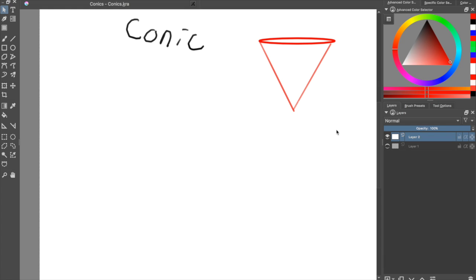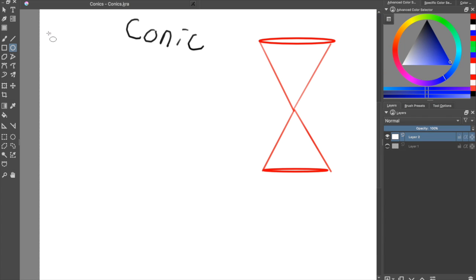It's like a cone. But this cone is actually like this, more of an hourglass shape. Okay.